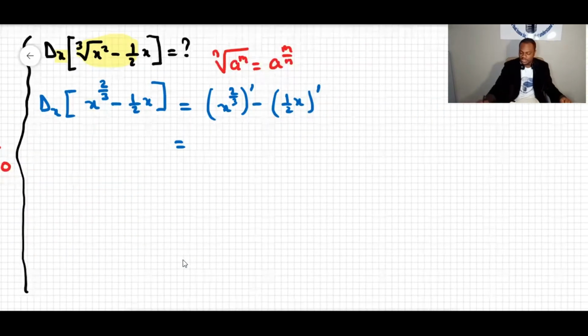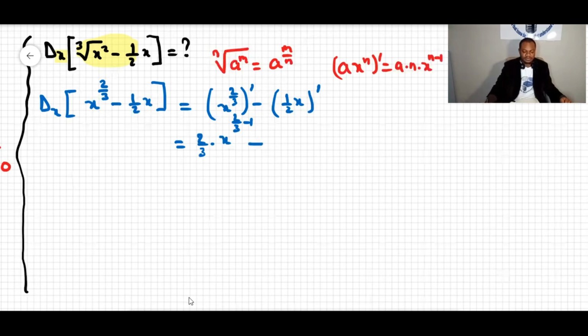So this will be 2 over 3 times x to the power of 2 over 3 minus 1. That's the derivative property. Let me write it over here: a x to the power of n derivative is equal to a times n times x to the n minus 1. And then minus a half, so times 1 times x to the power of 1 minus 1, because here the exponent is just 1.